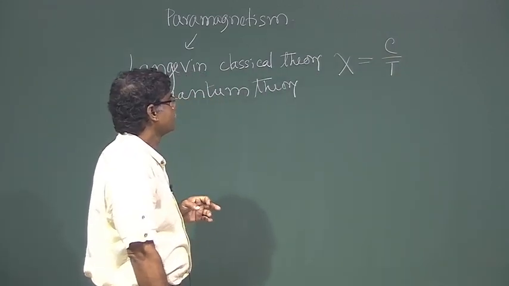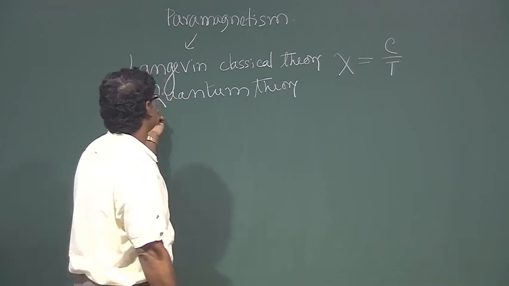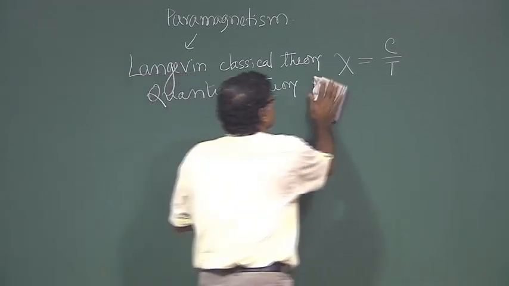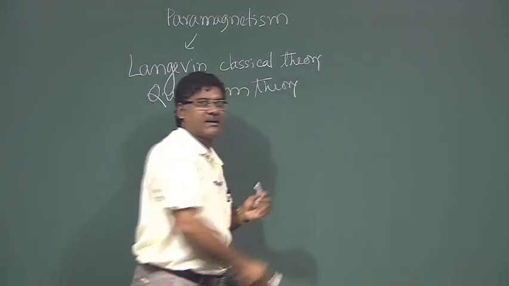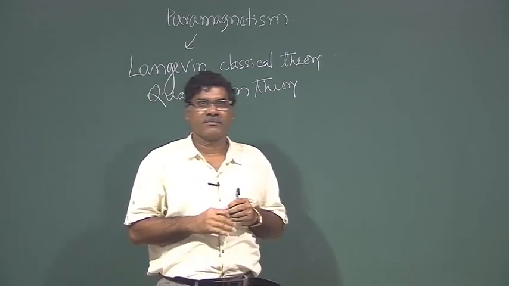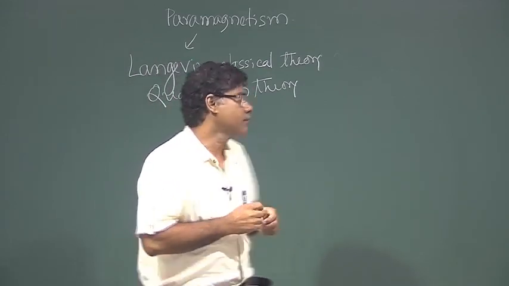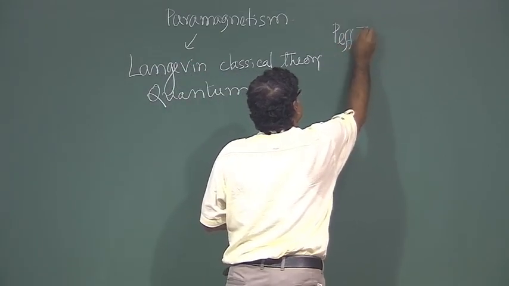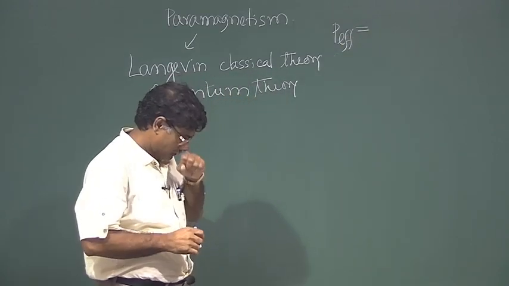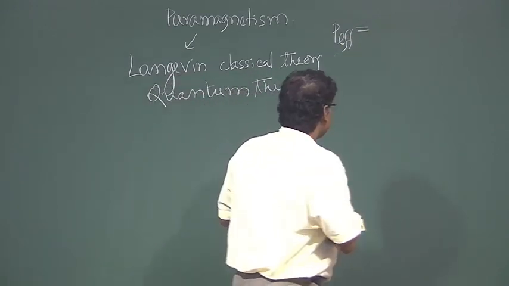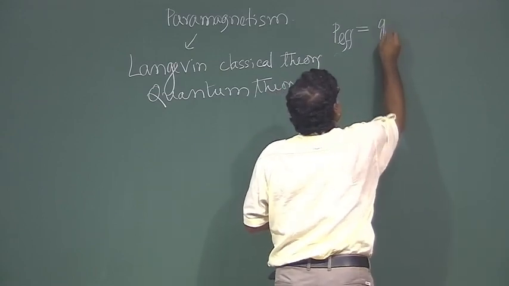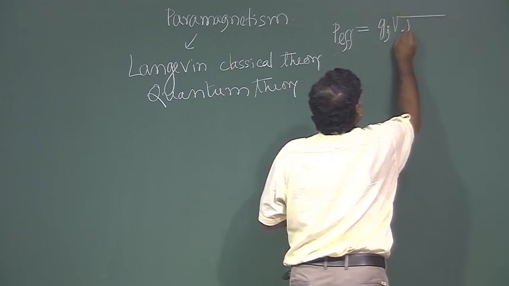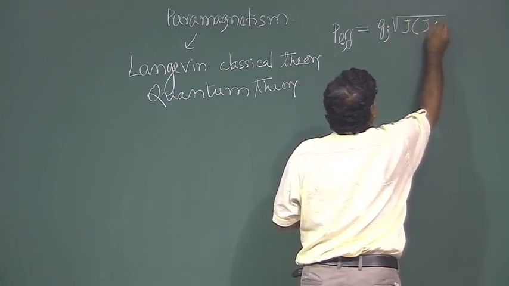And as I mentioned, in case of quantum theory, we got this P effective, the effective number of Bohr magneton. So, that P effective was g_J square root of J plus 1.